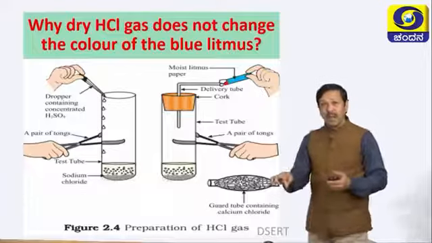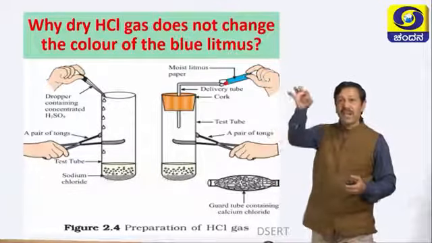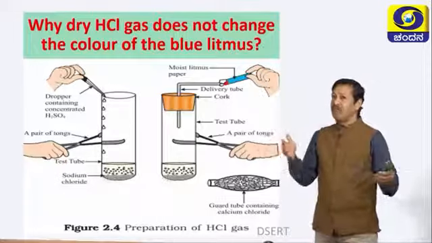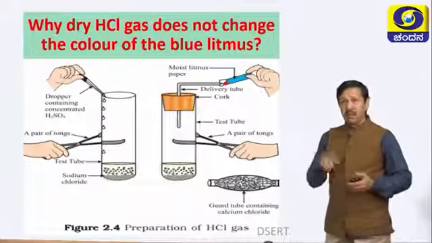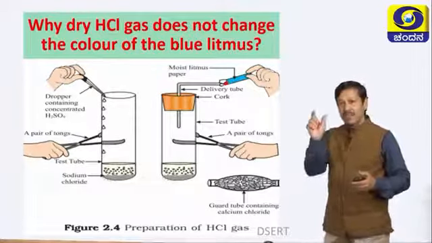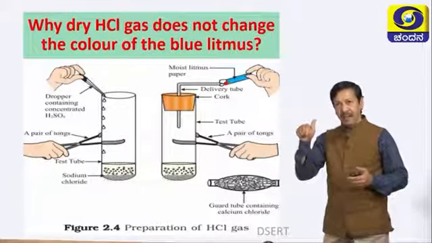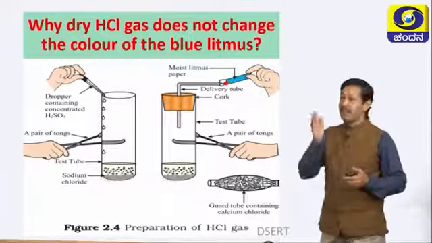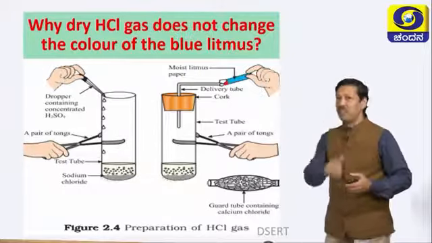Now, dip the blue litmus paper in water, and once again expose it to that. Now, its color changes to red. So, you can easily remember BAR, a simple mnemonic. B, blue, A, acidic medium, turns red. That means acid turns blue litmus into red. This is a simple mnemonic, so you will enjoy this one.